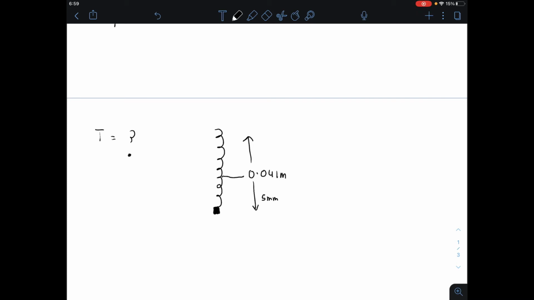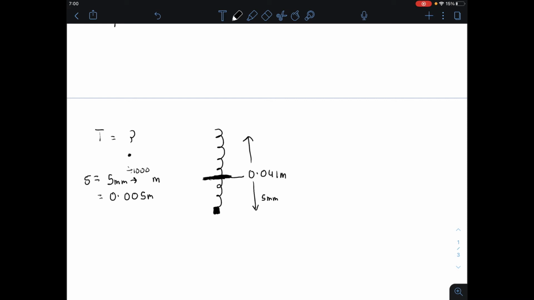The first thing I can do is change my extension due to simple harmonic motion from millimeters into meters. To do this, we divide our millimeters by 1,000. So we have our object sitting at its extended Hooke's law length of 0.041 meters, and then it bobs up and down about this point.